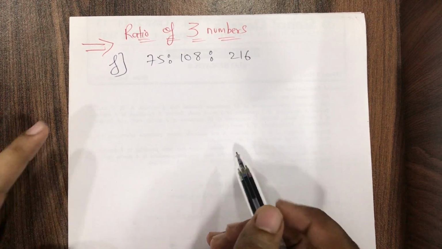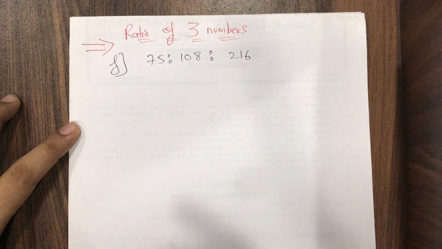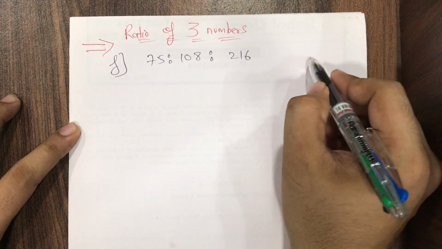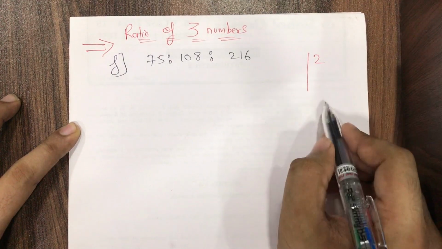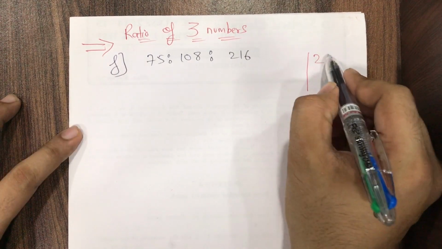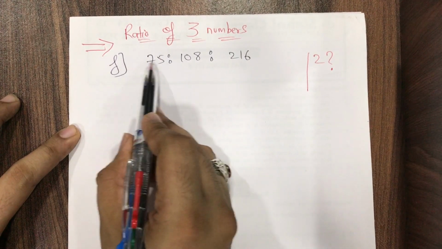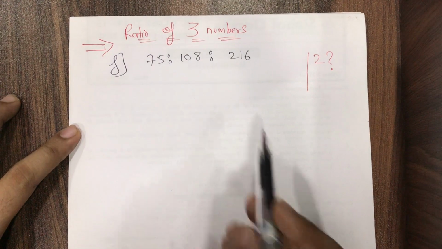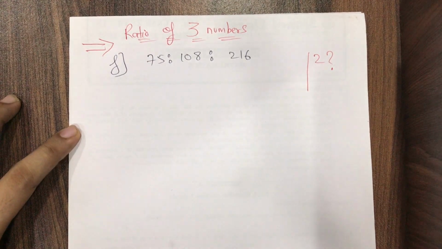Students, now you have to ask some questions to yourself. You ask yourself in your sub mind, you ask about 2. This is your thought process; you don't have to copy this. Ask yourself: is 2 going in all 3 numbers, or in other words, can we cancel these 3 numbers with the 2 times table?